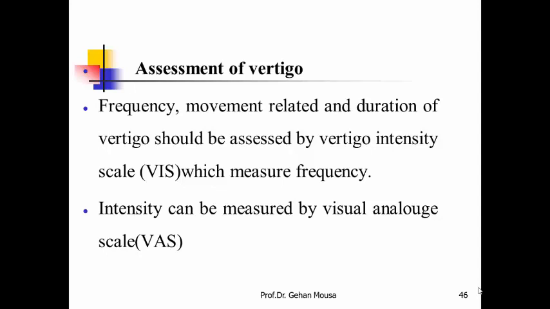The simplest two scales are the vertigo frequency scale and the intensity of the vertigo, which can be measured using a visual analog scale from 0 to 10. 0 means there is no vertigo, and 10 is the most intolerable.